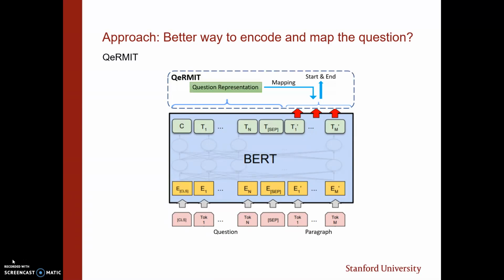While theoretically BERT is able to map some of the question onto the context token by doing pre-training and fine-tuning using its transformer layers, we believe that a more direct mapping from the question representation should help performance, especially in SQuAD version 2.0 where there's a lot of no-answer questions.